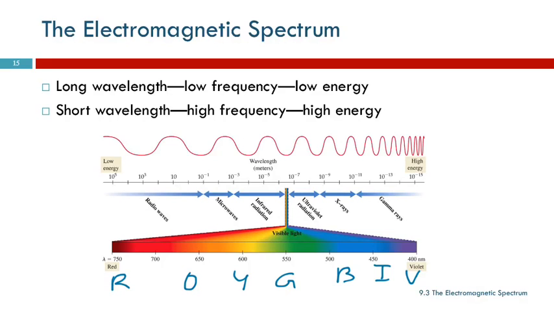You should do your best to try to remember which is more energetic, red or violet. So you remember Roy G. Biv, and this is how I finally settled on learning it. I imagine this spectrum here, low energy to high energy, and I've got Roy G. Biv in here.